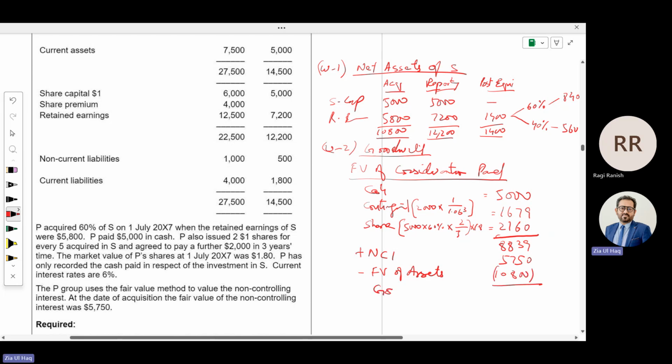So we are having goodwill with the amount 3,789.